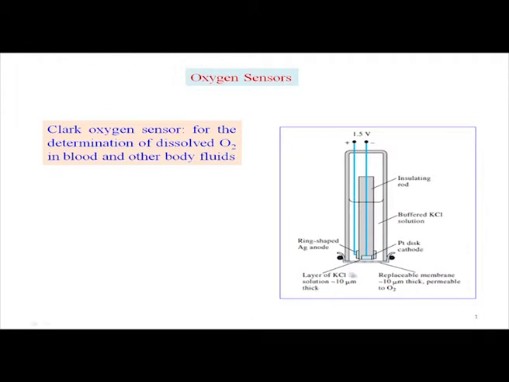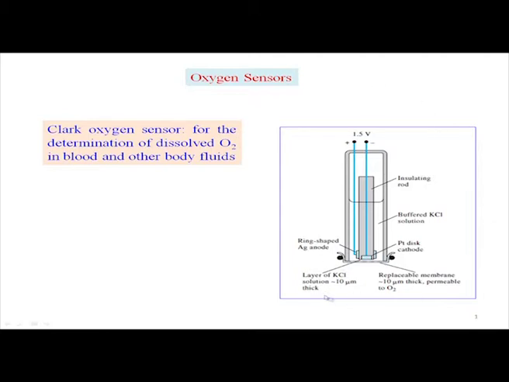You have another very thin layer of KCl solution, buffered in KCl, of the same thickness in the range of 10 micrometers. So you get a porous membrane, and covering it is a corresponding liquid membrane.